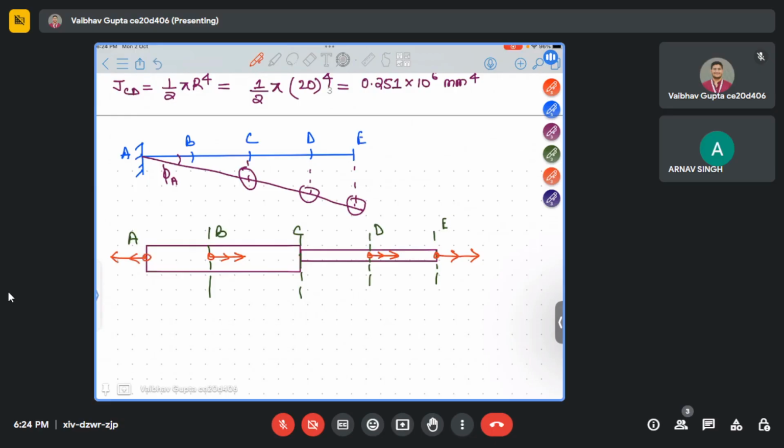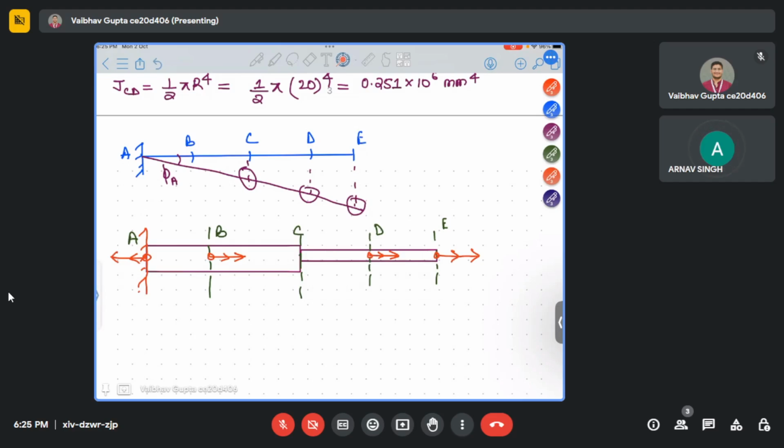Now to get the angle of twist at A point, you can see, due to torque at E point, it will twist the DE portion. Similarly, torque at D point will twist the section CD. Similarly BC, some angle of twist will be there, and then AB, some angle of twist is there. So to calculate at the fixed point of A, you have to calculate for other points as well, and you have to add them all.